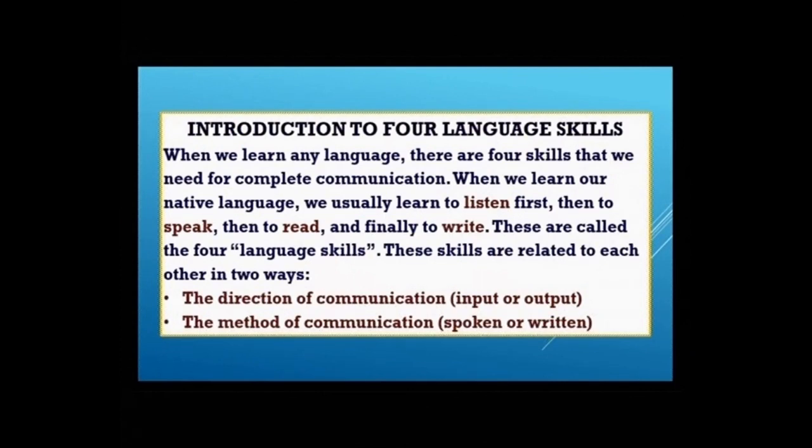And those are, first, the direction of communication. The direction means input or output. And the second one is the method of communication. That is spoken or written. These are the 2 ways in which we can understand the 4 language skills.